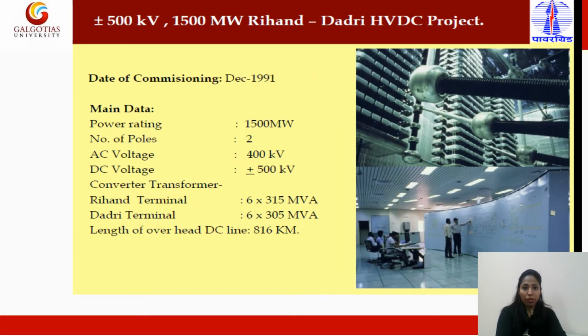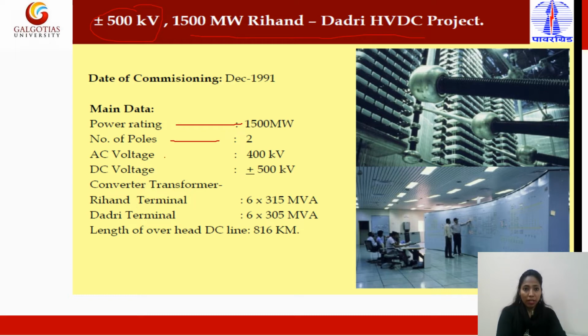500 kV 1500 megawatt Rihand Dadri HVDC project. This project is plus minus 500 kV, a bipole HVDC system, and the power rating is 1500 megawatt. The total number of poles is 2. Because a plus minus rating is given, it is a bipole system.